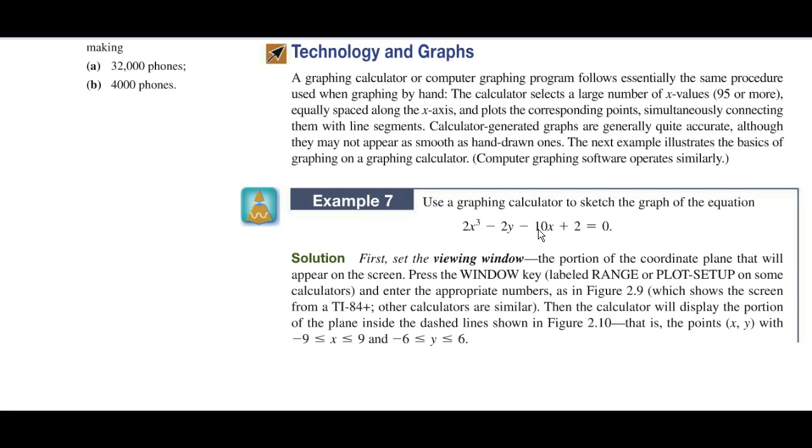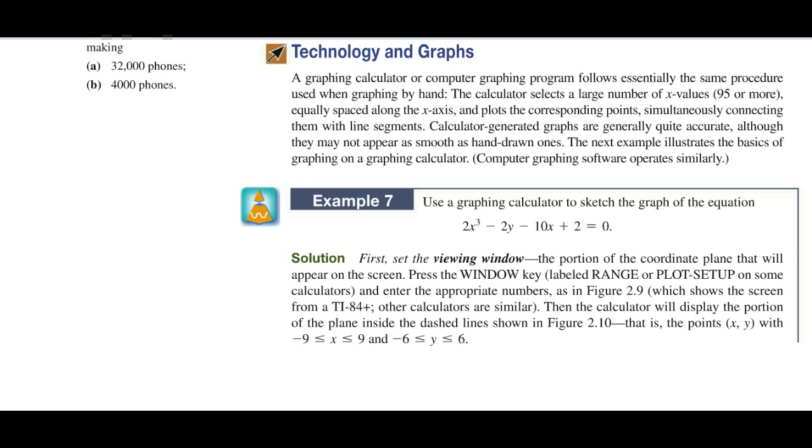Okay, now in example 7, I believe there is a graphing calculator available to you, and those of you who have TI-83s and those graphing calculators, you can plug this in. Here they're giving you examples of what to do. First, setting up the viewing window, which if you have a TI-84 or better, you can easily do that.